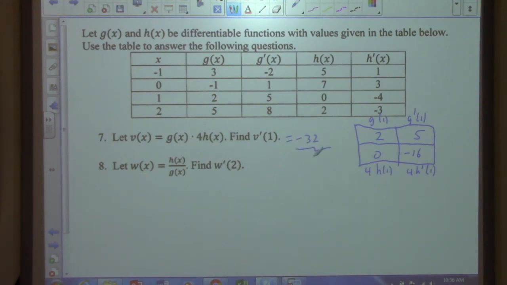And then for this other one, we're looking at 2, so our high of 2, d high of 2, low of 2, d low of 2.